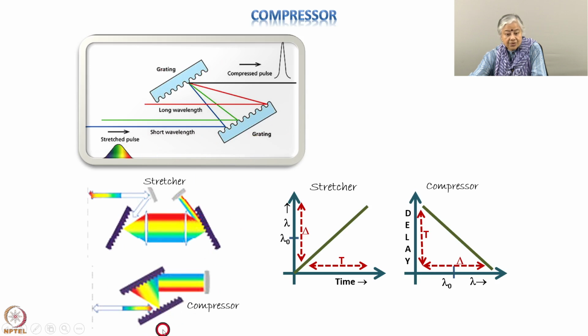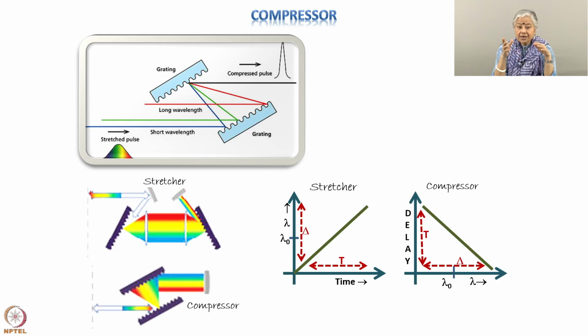Even in the compressor you have a mirror at the end of one pass, and you have a double pass compressor because you get a larger dispersion, a negative dispersion. In the stretcher it was positive GVD, in the compressor it is negative GVD.